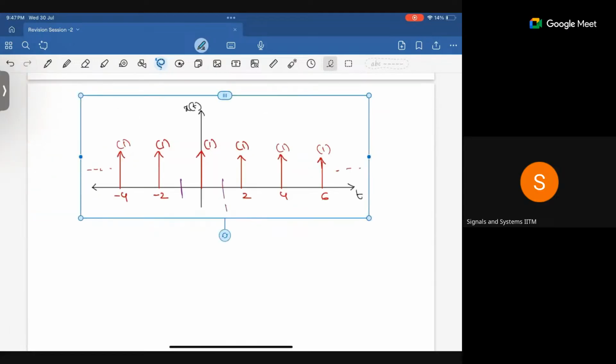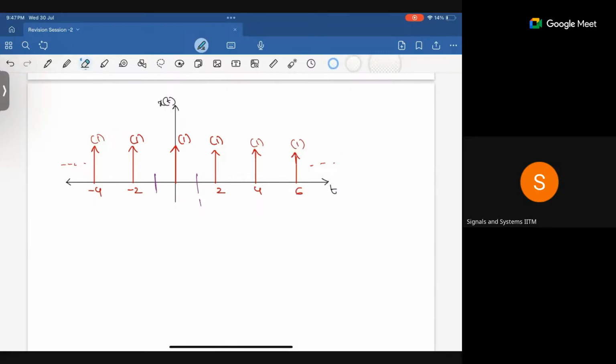What will be the Fourier series coefficients of this signal, with impulses at T, 2T, 3T, -T, -2T, 0? No, not 1 by 3. It's 1 by T.